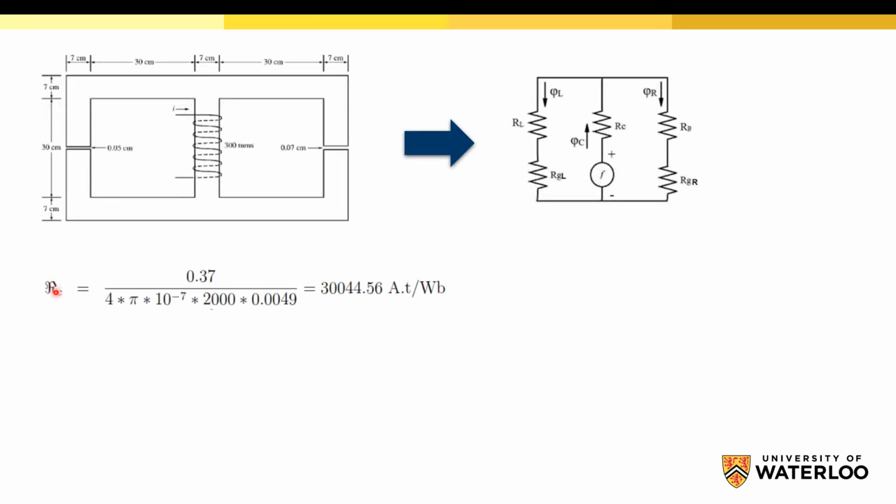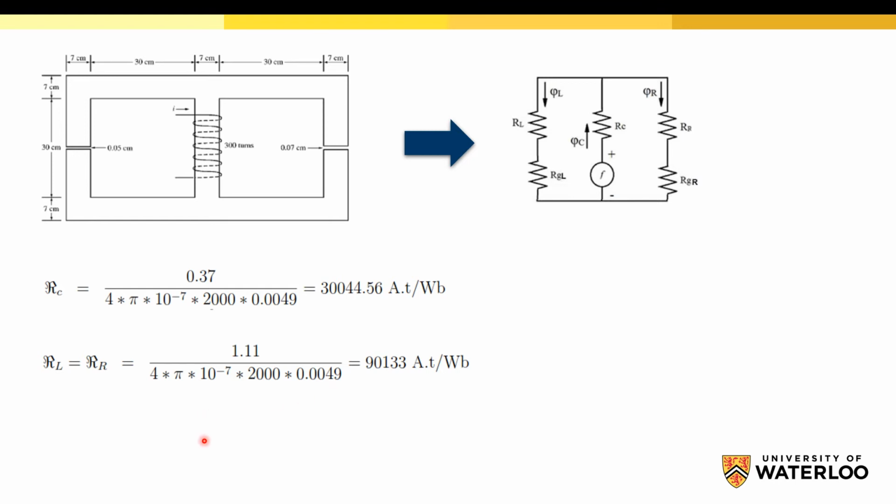The reluctance of the center is equal to the length of the center over mu naught times mu r, which is given, times the area, which is calculated. Remember to convert all your given to meters. For the left core and right core, they are equal, again neglecting the length of the air gap, and could be easily calculated using the length of the right and left core and the area.